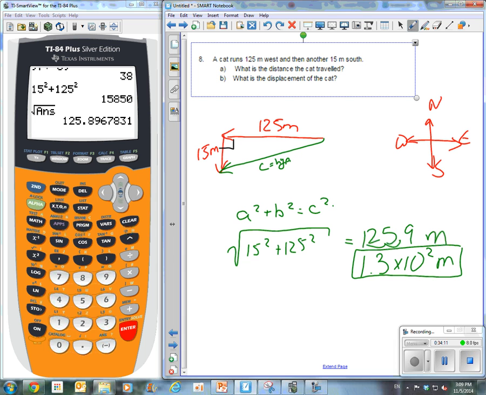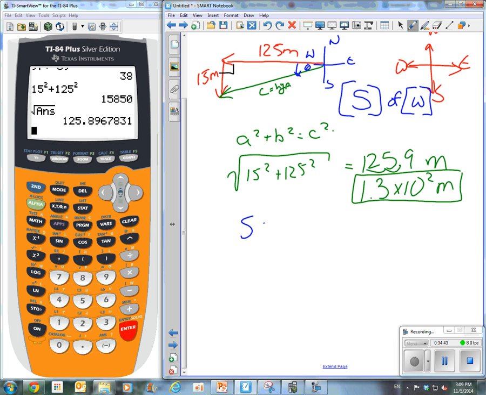Now I need to figure out in what direction. So coordinates go at where I started: north, east, south, west. So note here that my angle that I'm trying to calculate is going to be so much south of west. Okay, south of west. So we're going to do a little SOHCAHTOA. Again, I wasn't given the hypotenuse, so I'm doing tan theta equals opposite.